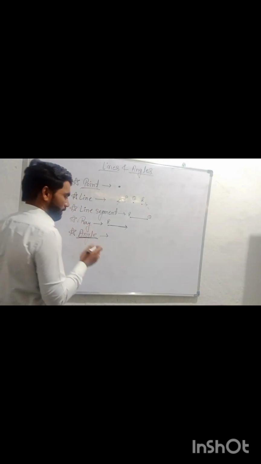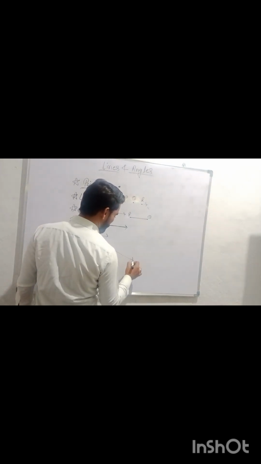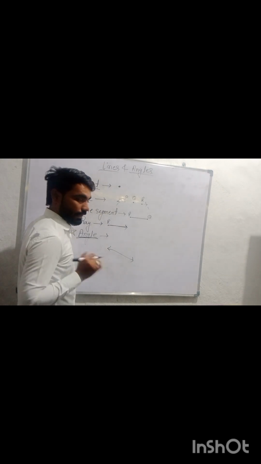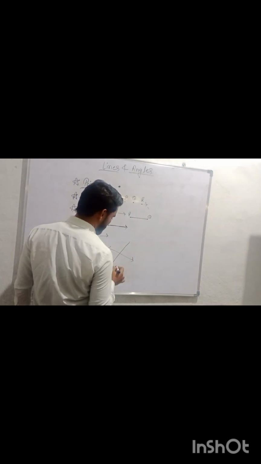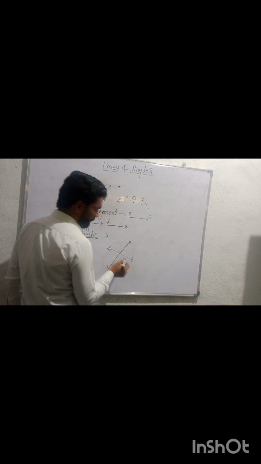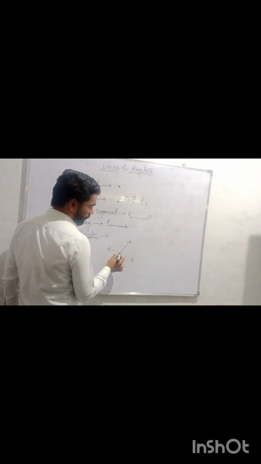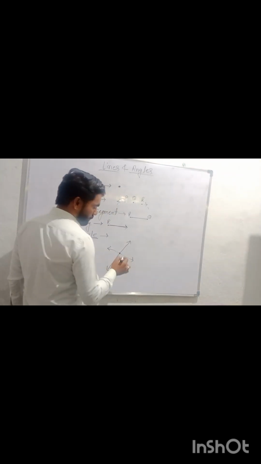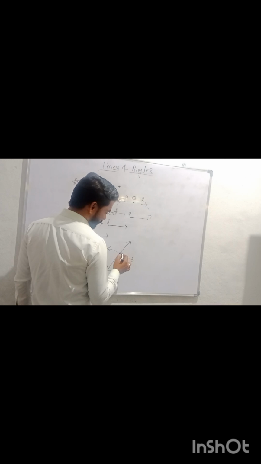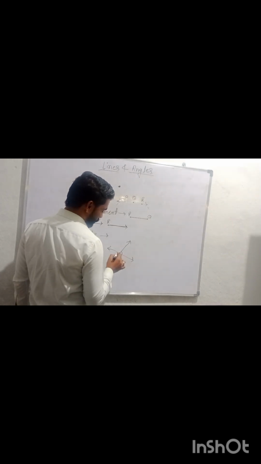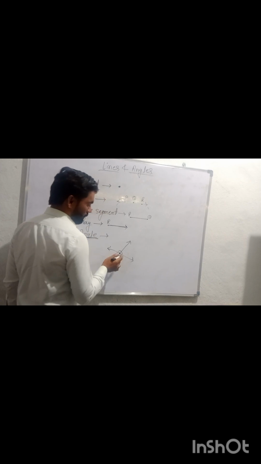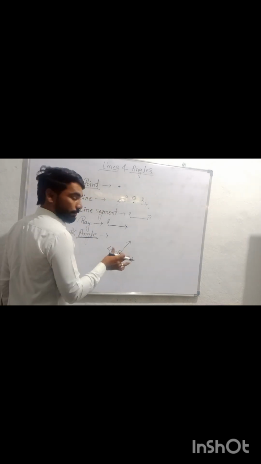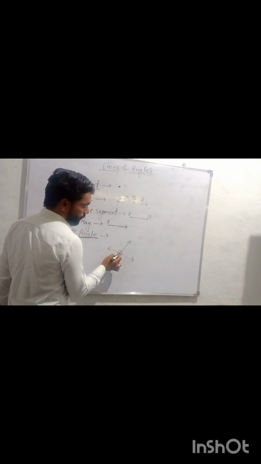You can see here, this is a line. When another line meets it at a common initial point, you can see here is the common initial point, right? So angles are formed here: 1, 2, 3. These are all angles formed when two lines meet at a common initial point.